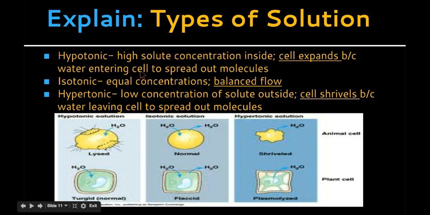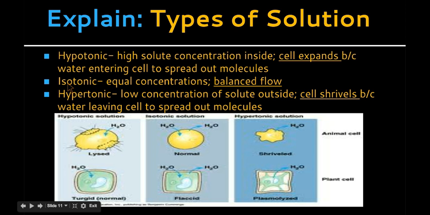That's when there's a high solute or high molecule concentration inside the cell. The cell actually gets bigger because water enters the cell to spread out all of those molecules. Those molecules don't want to be close together. They don't like that. So the water enters the cell and it gets bigger. That's what's happening right here. Water goes in, cell expands.